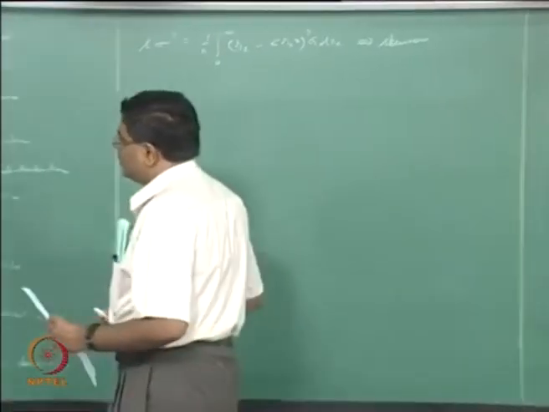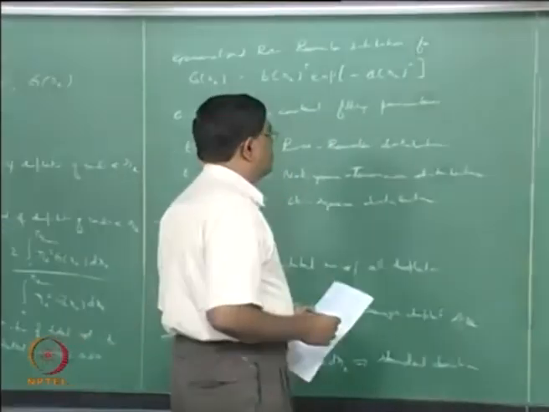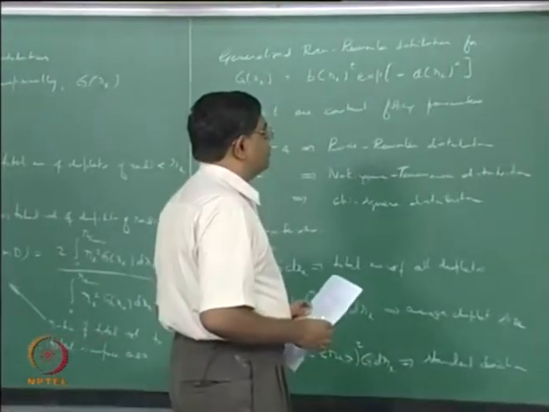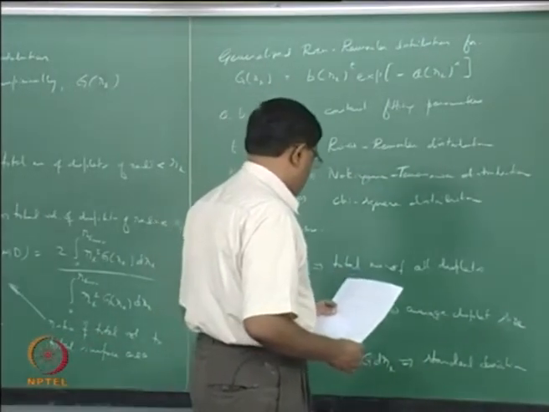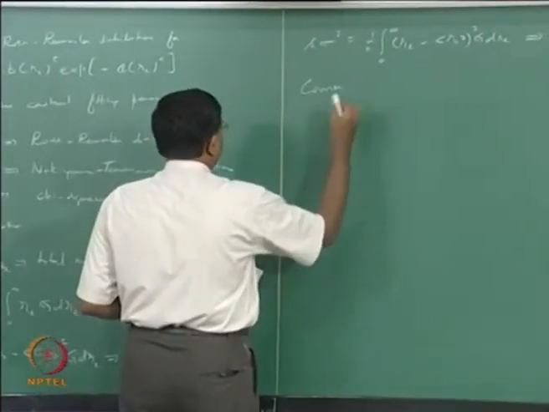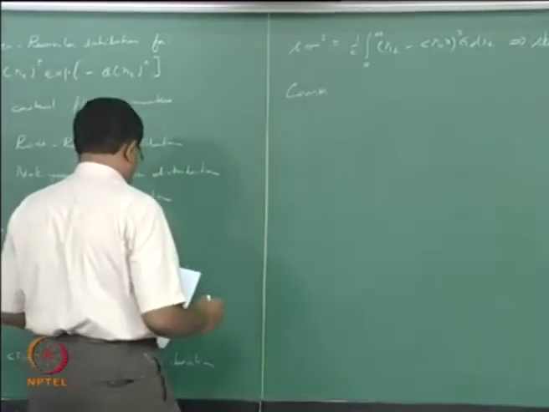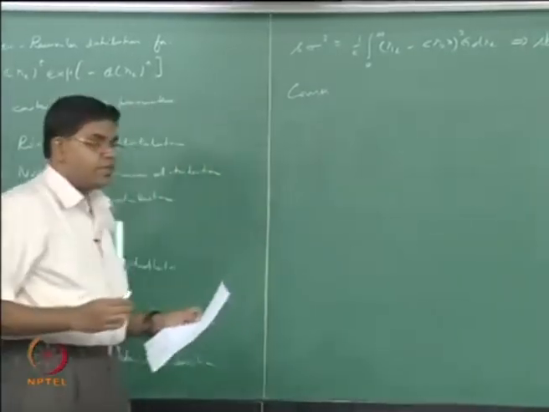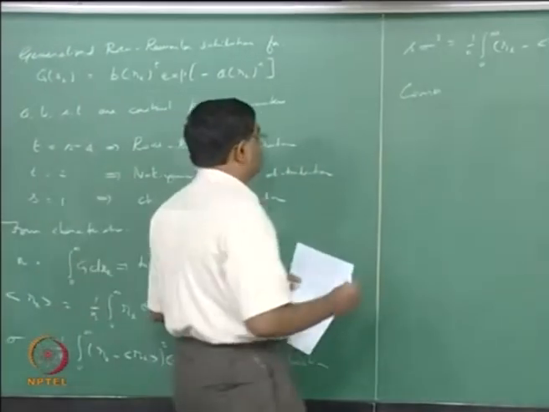Good. So with this, once you have a good description of the droplet size distribution, we now look at the conservation equations for a spray flow, including combustion of sprays.